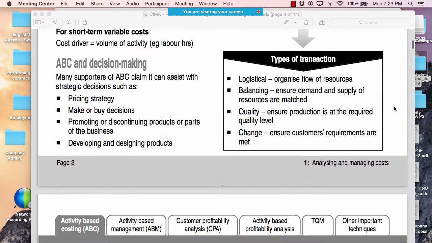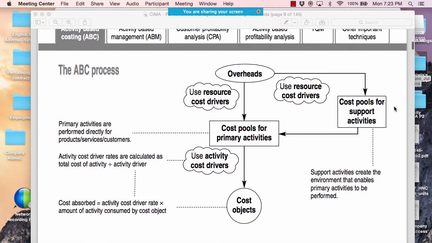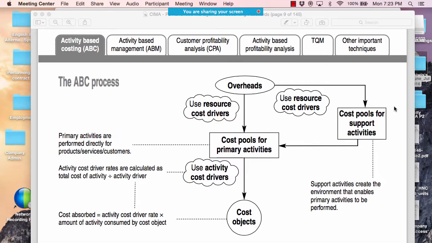Yeah. So this is the ABC process. We looked at the cost pools for support activities, so now it's very clear what these cost pools are. The cost drivers, so what is actually driving the costs, and cost pools for primary activities.